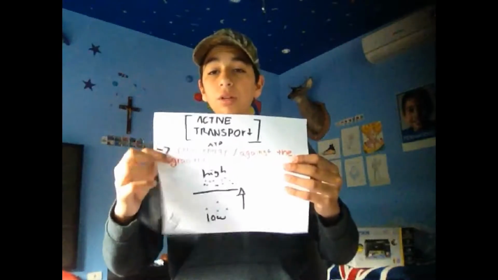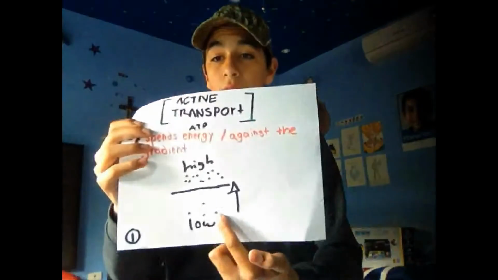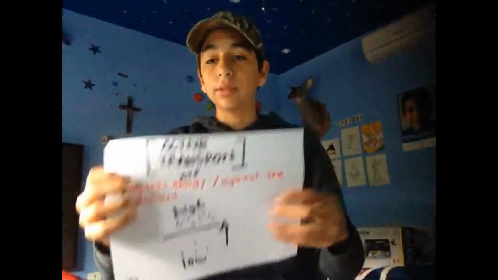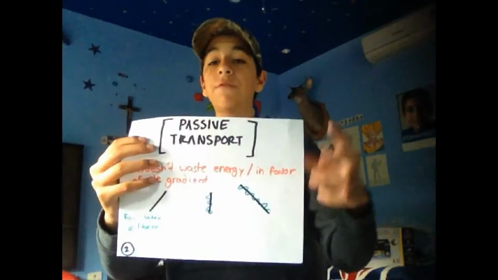It spends energy because it's against the gradient, which means from a low concentration of the substance to a higher concentration. Then the passive transport is the opposite. It doesn't spend energy because it's in favor of the gradient. It means that from a high concentration it goes to a lower concentration.